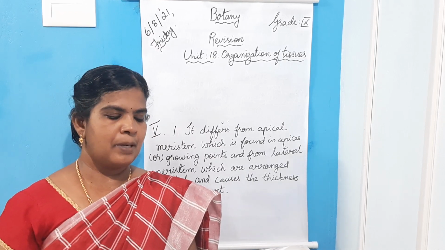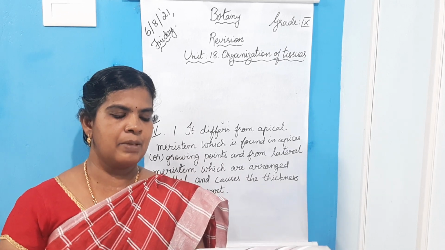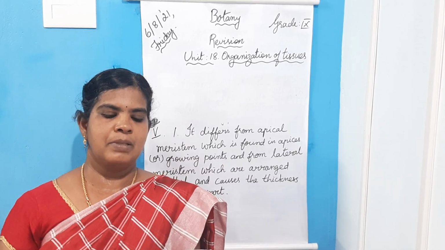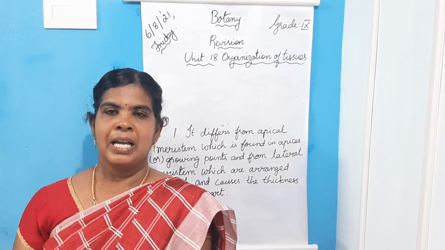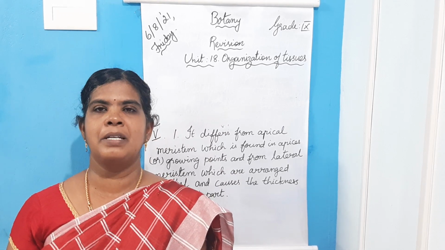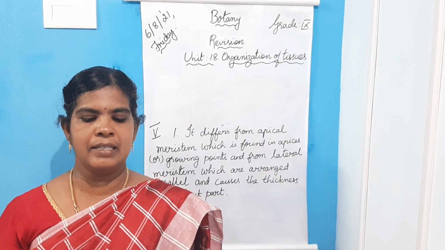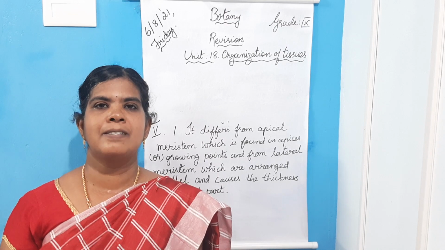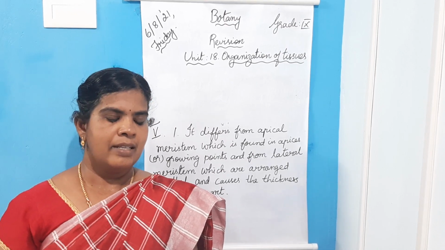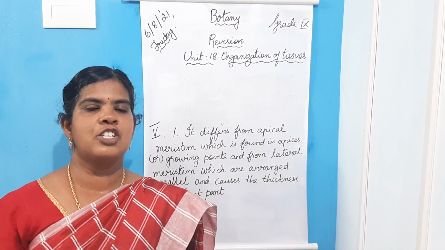Okay. So what are intercalary meristems? They lie between the regions of permanent tissue and are part of the primary meristem. They are found at the base of the leaf or at the base of internodes. They help in the production of branches.